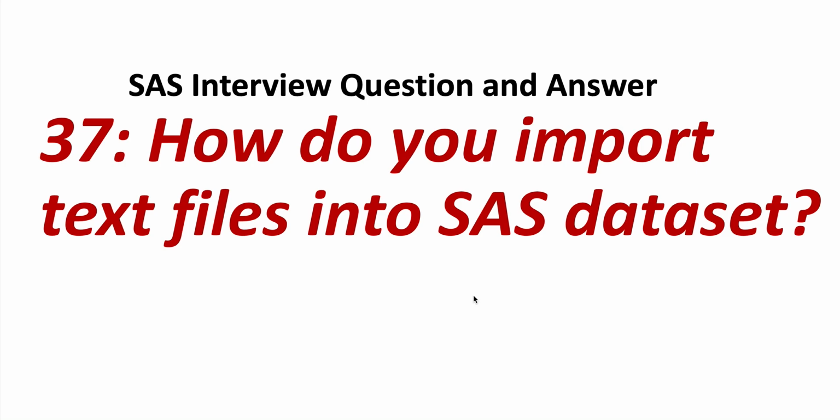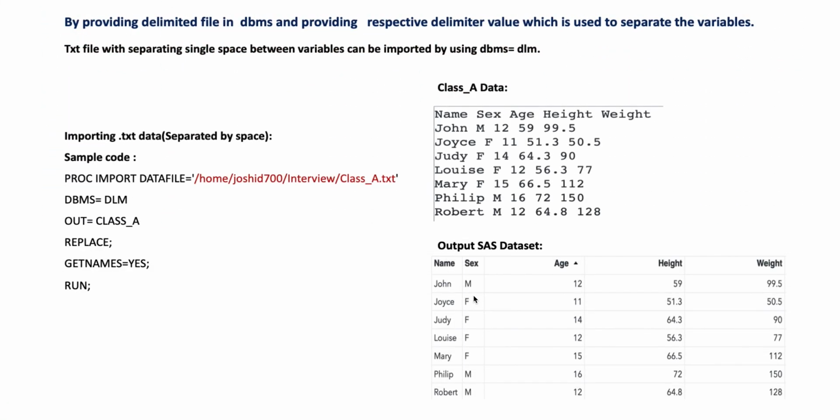SAS interview question and answer. Question number 37. How do you import text files into a SAS dataset? This question is asking how you can import .txt file extension files into a SAS dataset.